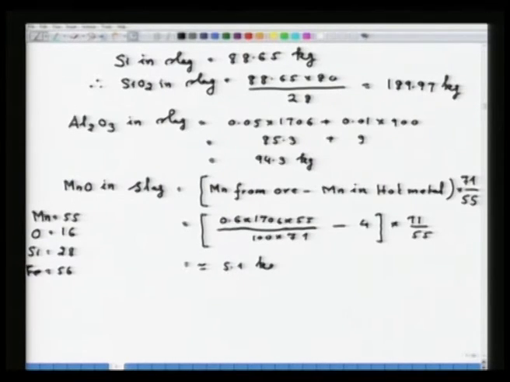You may get 5.08 or something. So, 5.1 kg it makes. That is how you will calculate the MnO in slag.